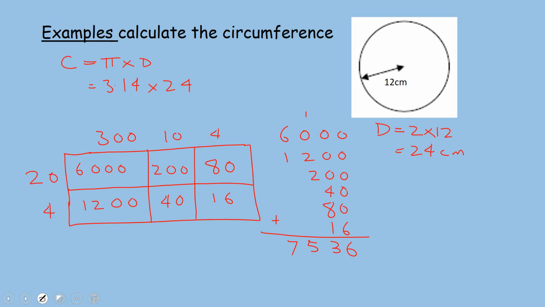So again, we've got 2 numbers after the decimal point in the question. We've got to have 2 numbers after the decimal point in the answer. So our circumference is going to be 75.36 centimeters.